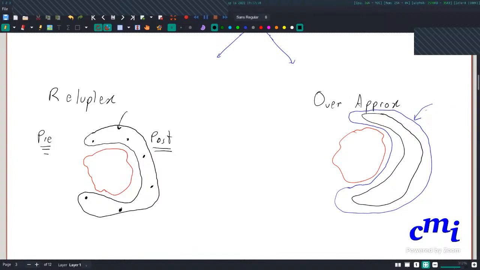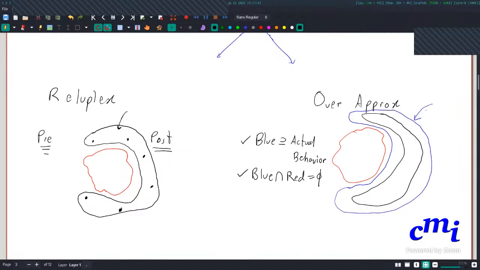So if you can find this blue space and show two things, one, that this blue actually contains all of the actual behavior, and two, that this blue region does not intersect with the red region, then you have proven that there is no bad assignment.